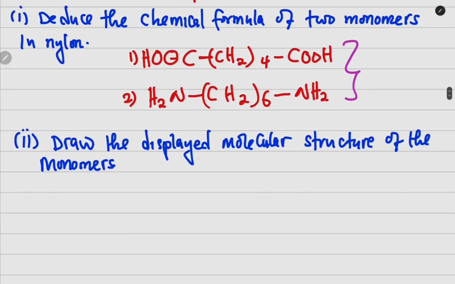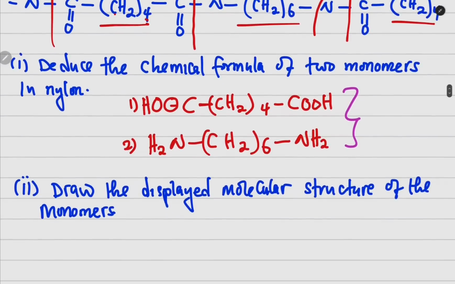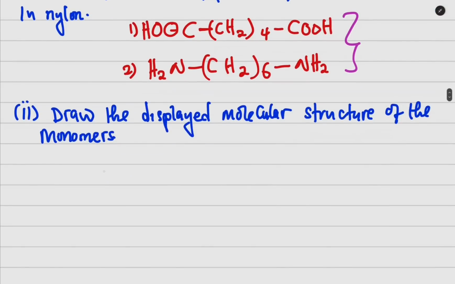Then here they're saying displayed structure. So now displayed structure is when we bring in the bonds. Let us start with the first one, this one. So that one is like this. Then of course it is attached to what? How many carbons? This 4 multiplies everything inside, so 4 carbons. So you can put 4 carbons.